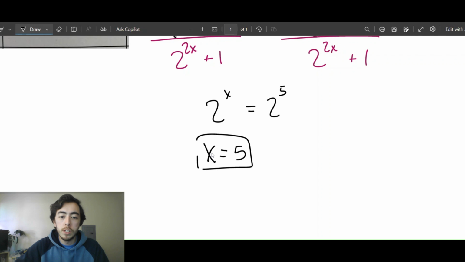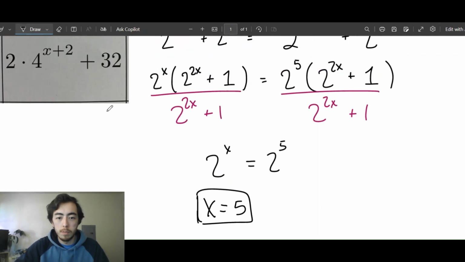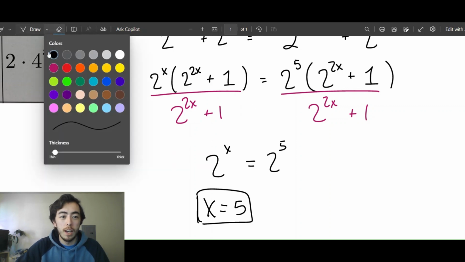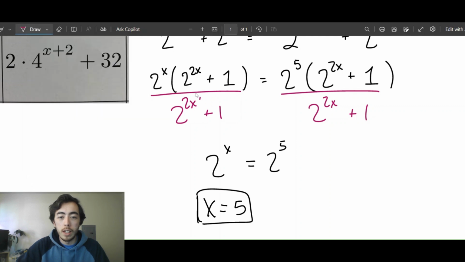And just to double check, whenever you're doing algebra stuff and you divide both sides by a whole expression, it's really important that that number isn't 0, because dividing by 0 is not good. So just to double check, I know that 2 to the power of anything has to be positive. It's always greater than 0. And adding the 1 is just even more security that I'm dividing by a positive number here.